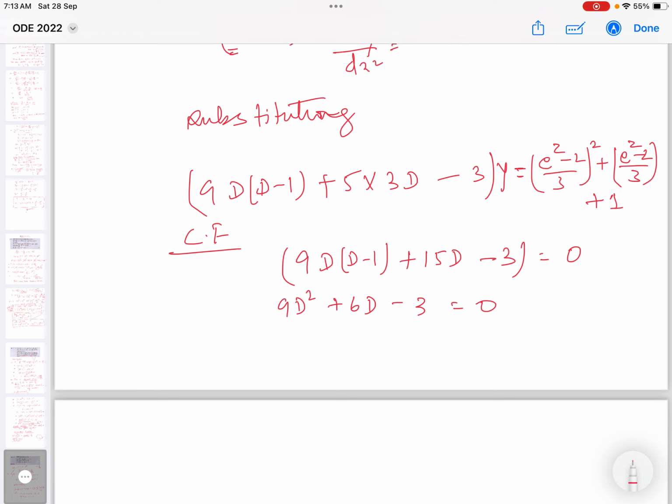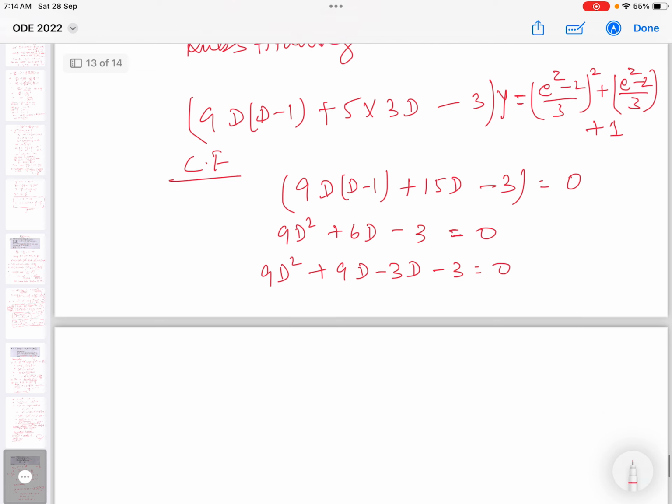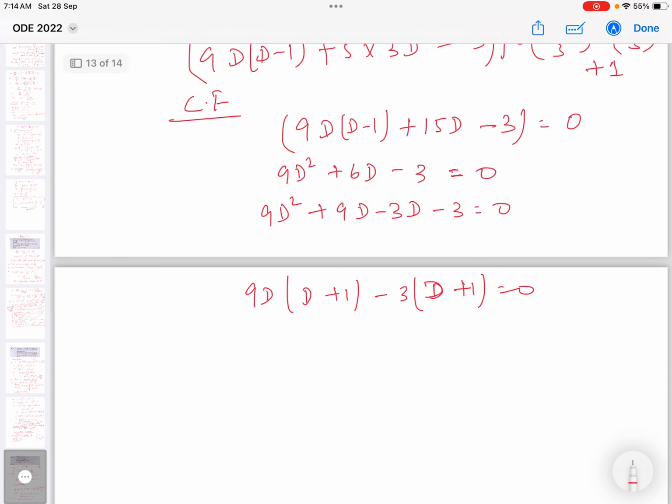What we can do is 9d square plus 9d minus 3d minus 3. So factor with 9d(d plus 1) minus 3(d plus 1) is equal to 0. So what it becomes is (9d minus 3)(d plus 1) is equal to 0.